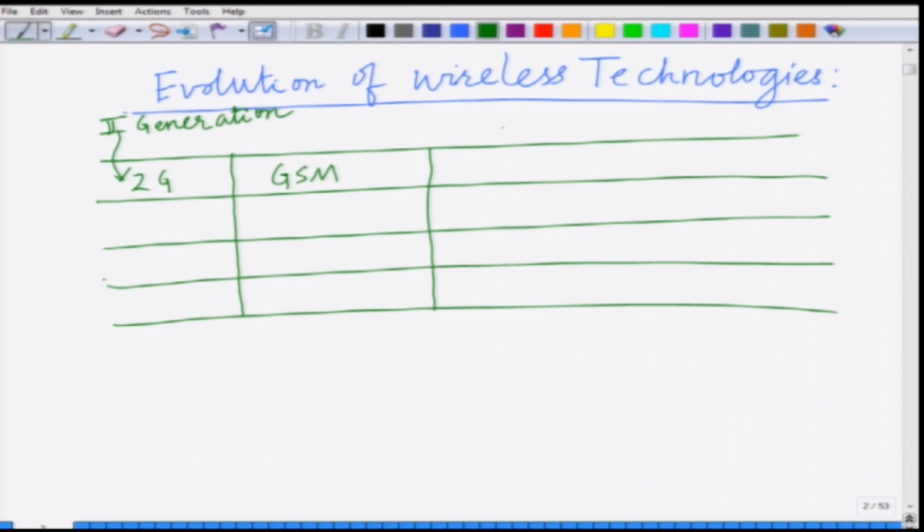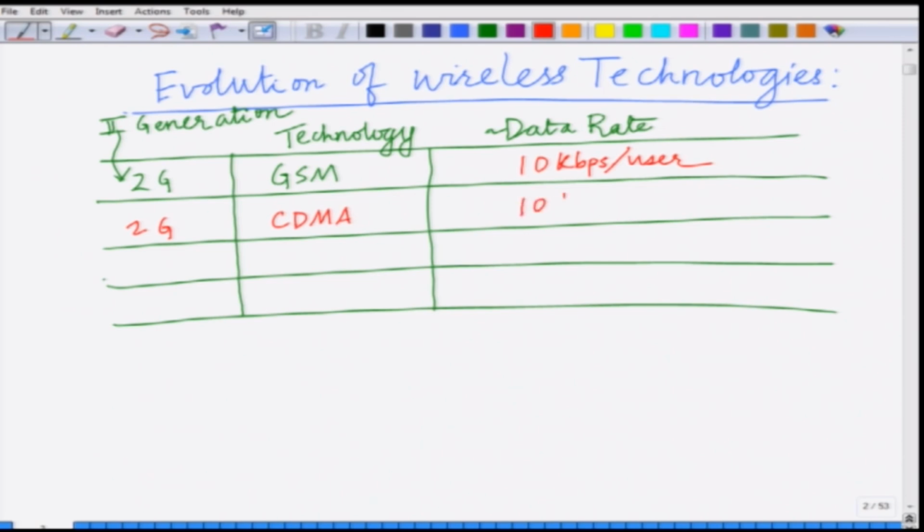This is the technology or standard, and this is the approximate data rate. 2G has a data rate of approximately 10 kilobits per second per user. And another competing 2G standard was CDMA, which also had a basic 10 kilobit per second kind of data rate.